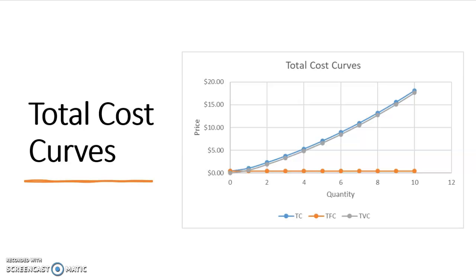That fixed cost will not change, so you'll see that line remain constant. To find our total cost, which is again the blue line, we add our total variable cost, which is that gray line, to our total fixed costs. This is why you notice the gray and blue lines are so similar and increase together, with their total costs always sitting 45 cents higher than the total variable cost.